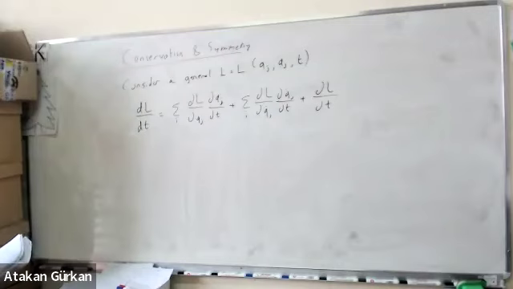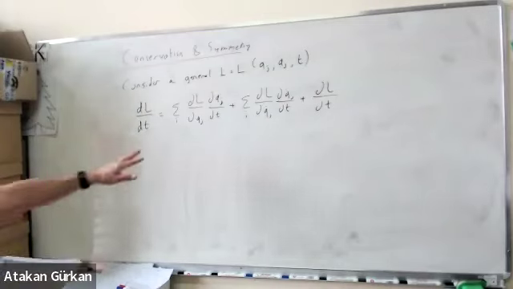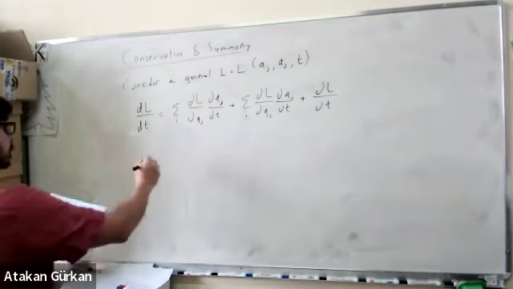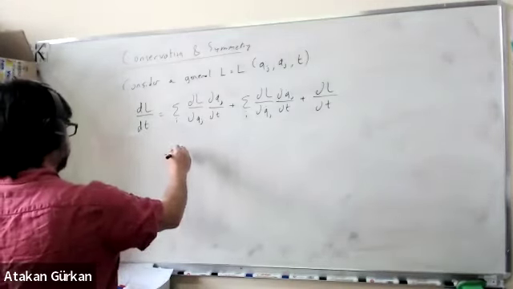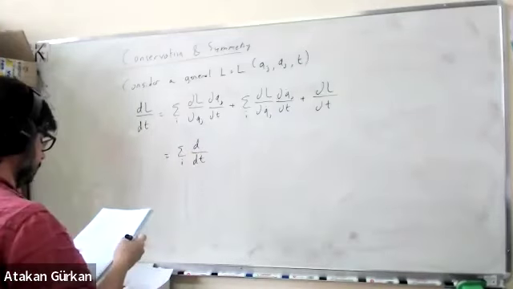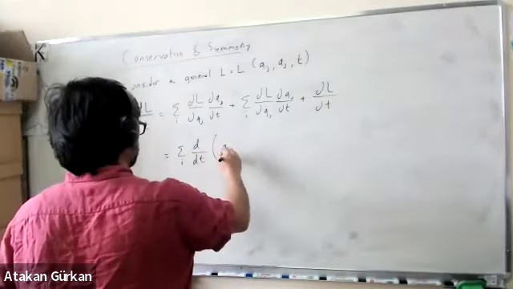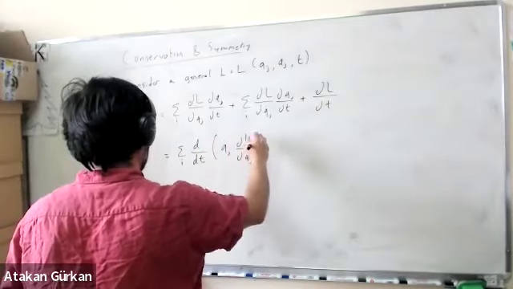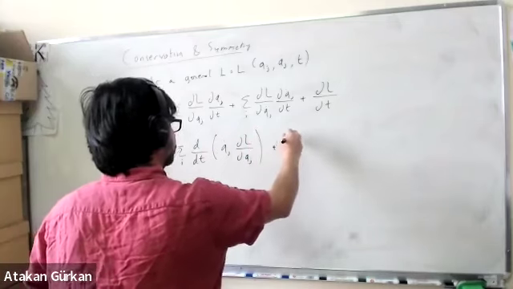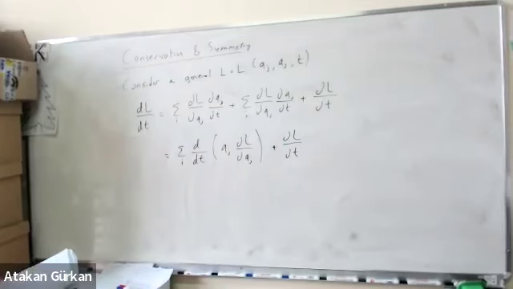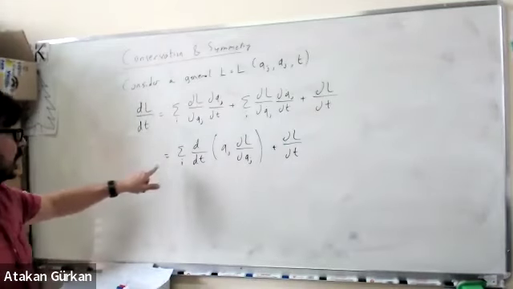So you can take this and manipulate these. Again, it takes a couple of algebraic steps, and you get the sum of d by dt of Qj dot times del L by del Qj dot. Now I can take this one and move to the other side.